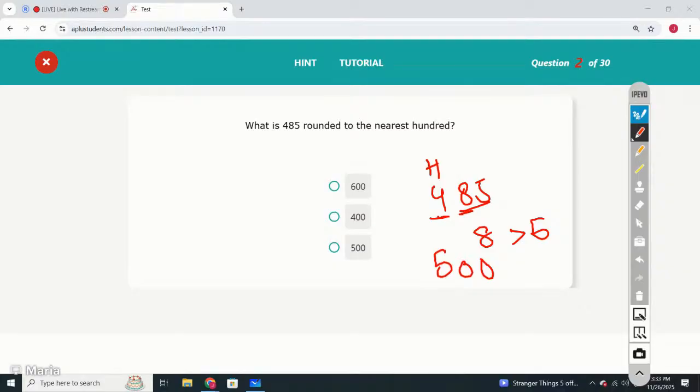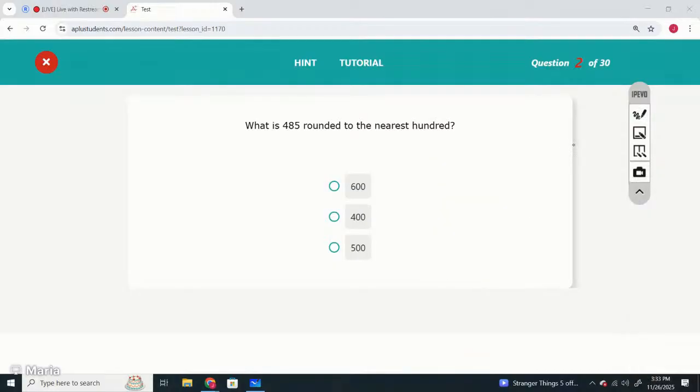So the correct option is 500. Option number 3 is the correct option, not 2, 3.